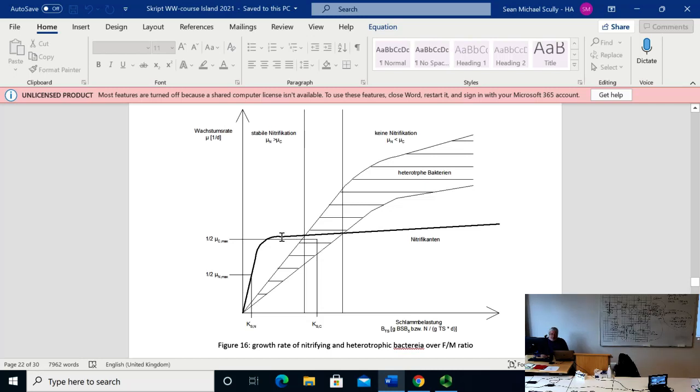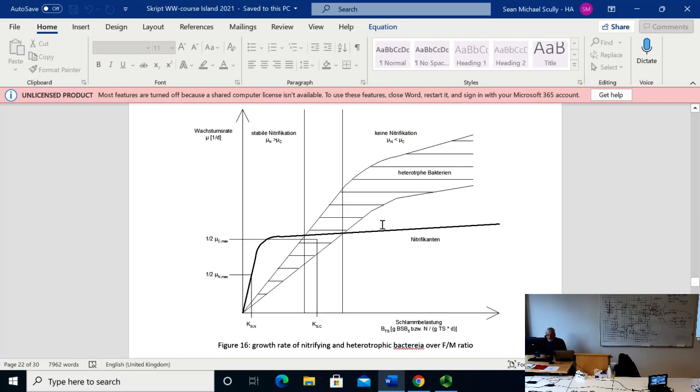What is then going to happen is that nitrifiers are going to grow more than heterotrophs, and because the F/M ratio drops more and more, they become more and more in the system, and finally you will get to a point where the growth rates of the nitrifiers and the heterotrophs are the same, and that will be the stable point.